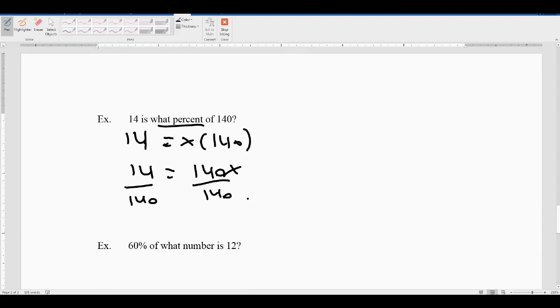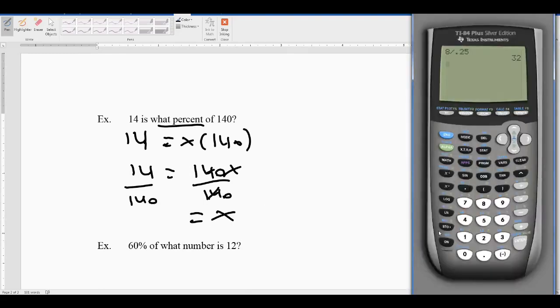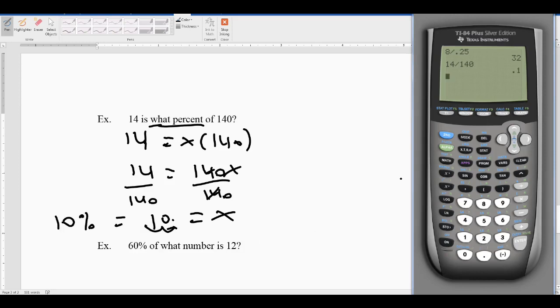Now on this one, be very careful. So let's divide 14 by 140. And we get 0.1. The reason why I say be careful is asking for the percent, which means you take that decimal, move it 2 places to the right, and we get 10%. So watch out for that.